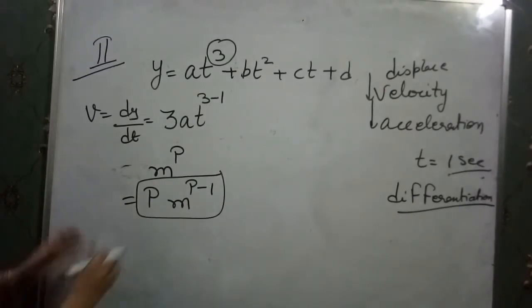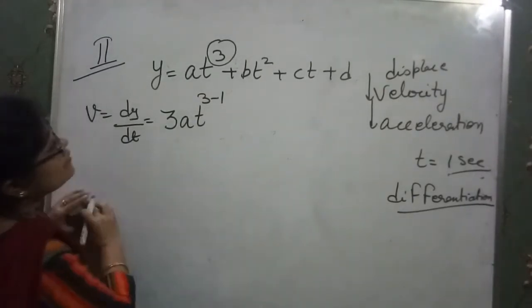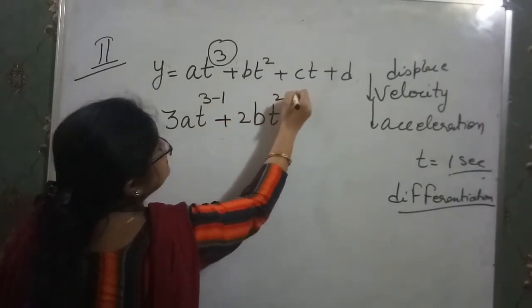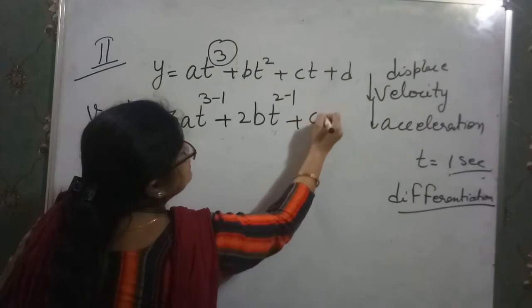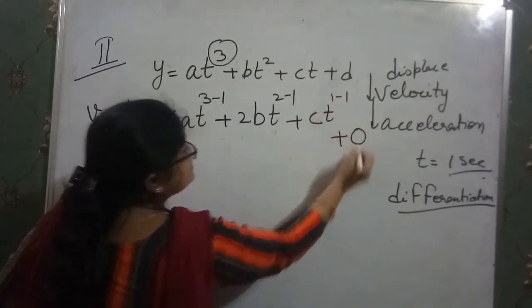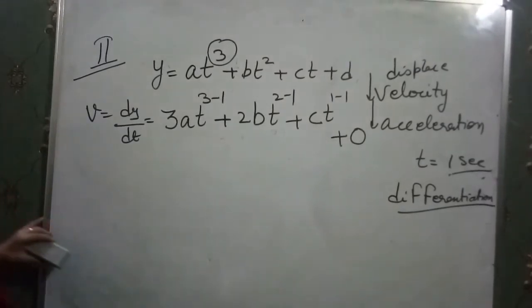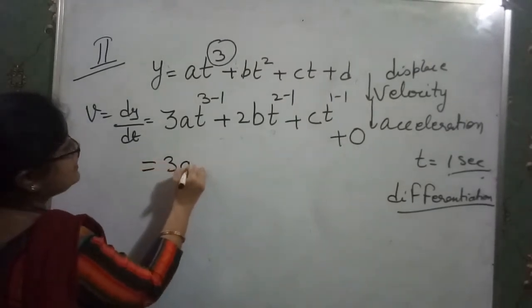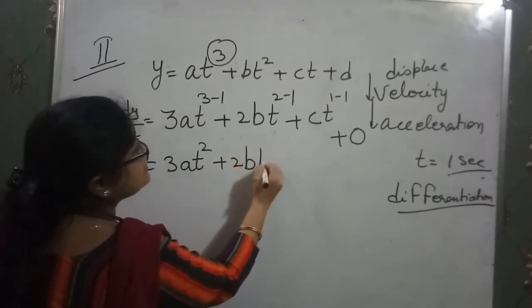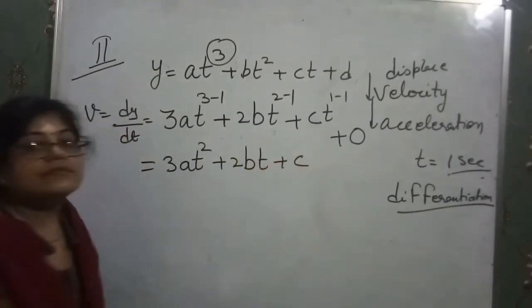So now go forward. We have 2b t to the power 2 minus 1, c t to the power 1 minus 1, and d has nothing, so it becomes 0. So we have 3at square plus 2bt plus c.